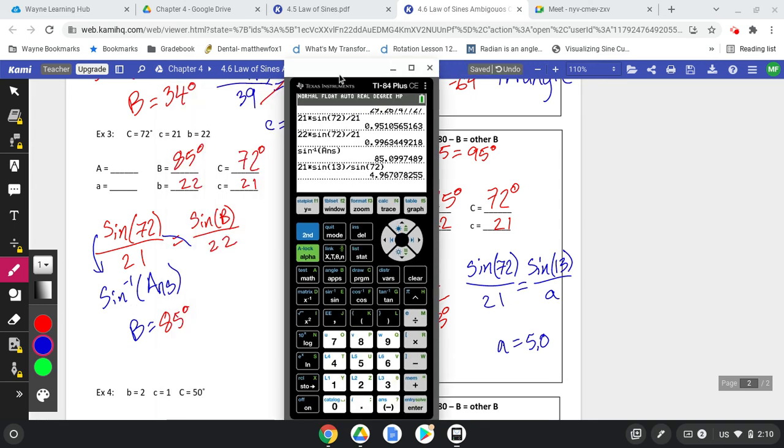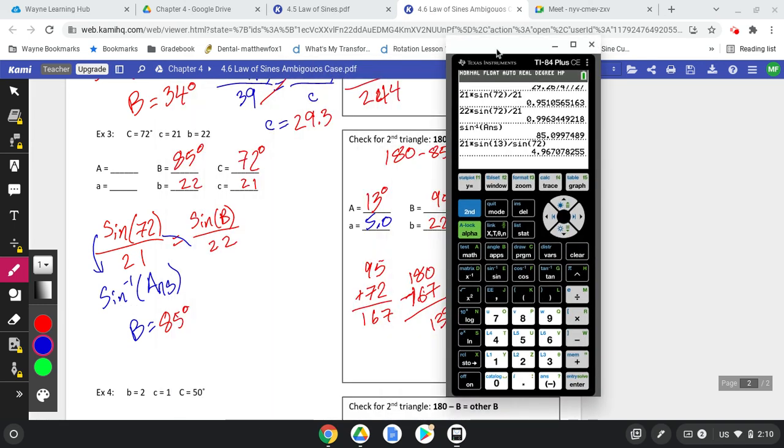Okay, we're almost done. The final thing we need to do now is finish that original triangle. So our original one, we had 85 and 72 as our two angles. 157, we take that from 180, and we are left with an angle of 23 degrees.